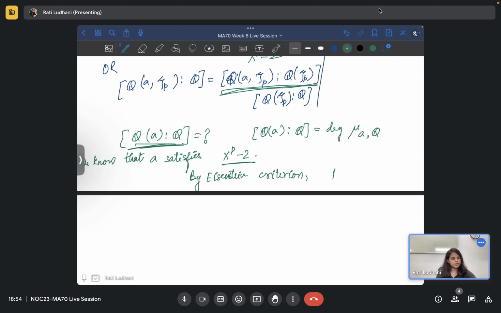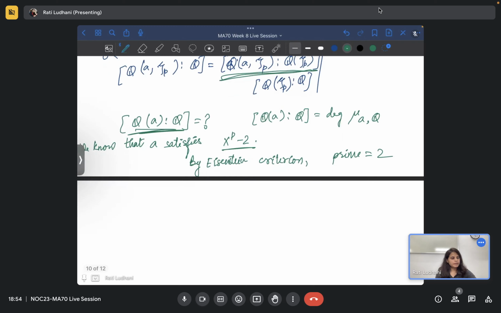Let's take the prime to be 2. Then 2 divides a0 and 2 divides ai for all i. In general, a_n x raised to power n up to and so on, a0.